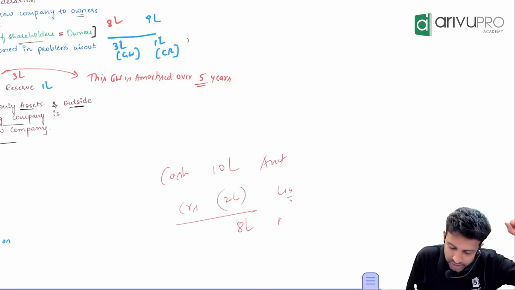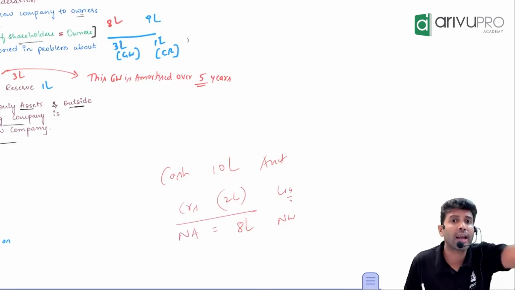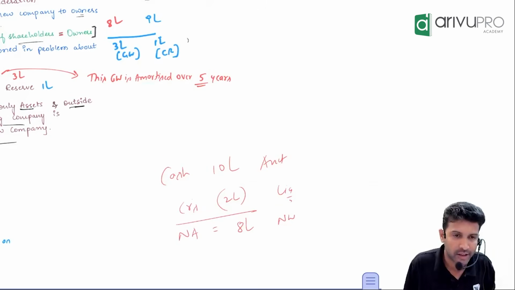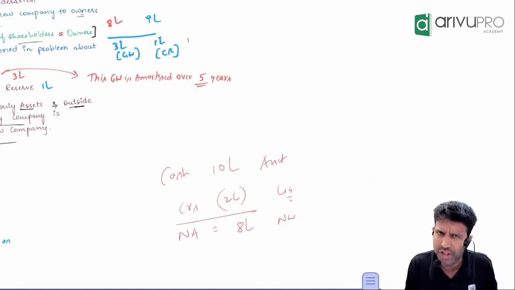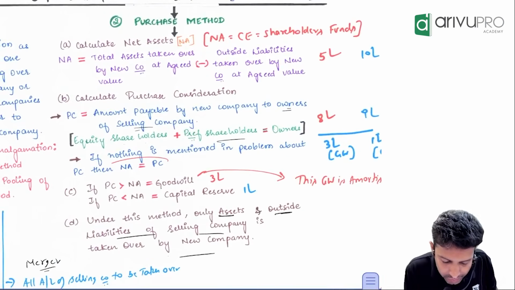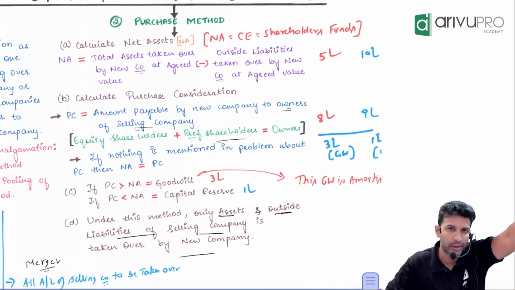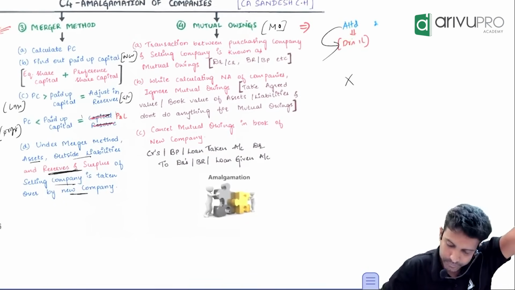That is net worth, but this is also net assets only, no? Because how do you calculate net assets? Assets minus liabilities. So if nothing is specified in the question, calculate net assets, and that net assets will straight away become PC. In fact, I used to give you a watch example in the class, but anyway, I'll not go there. Okay with this?